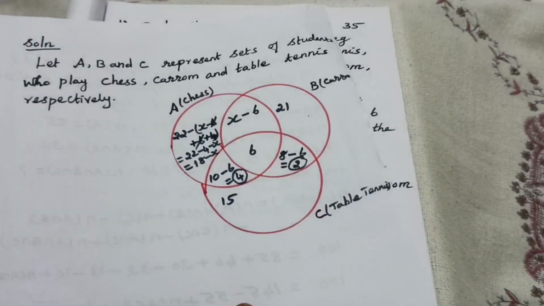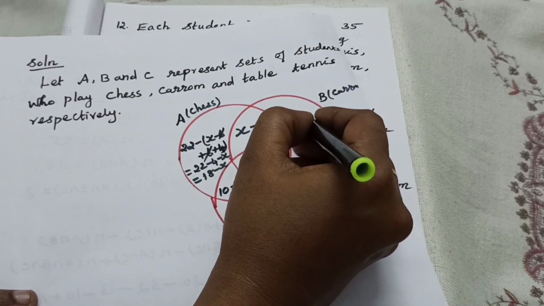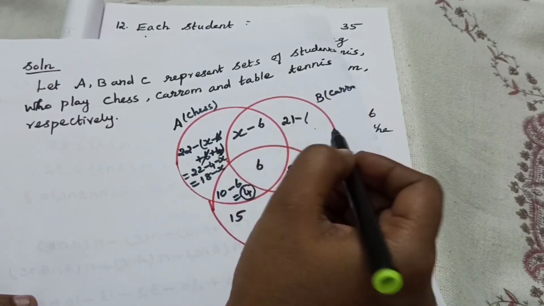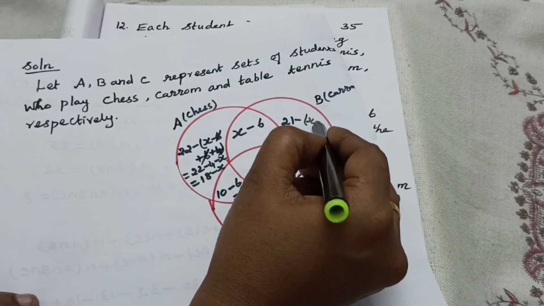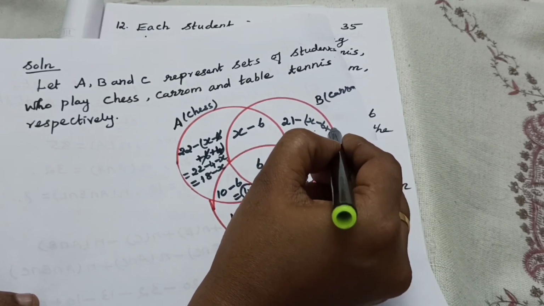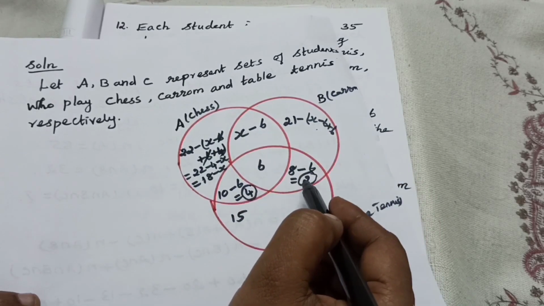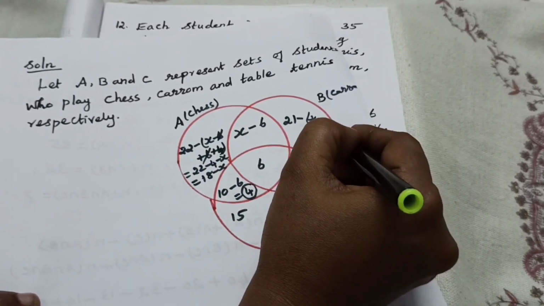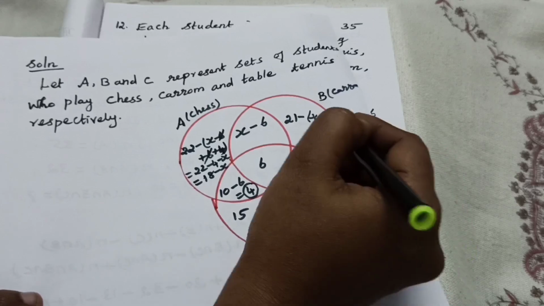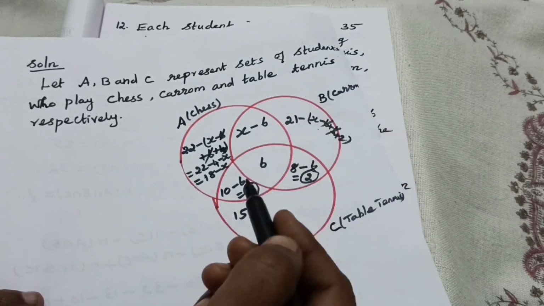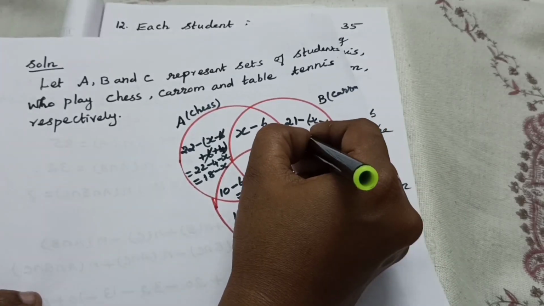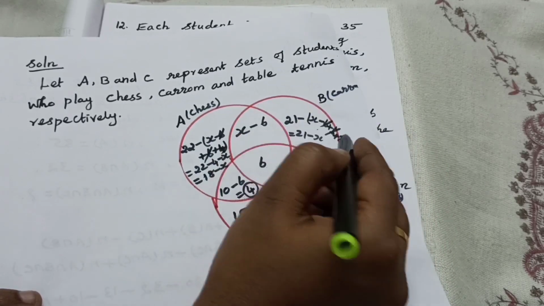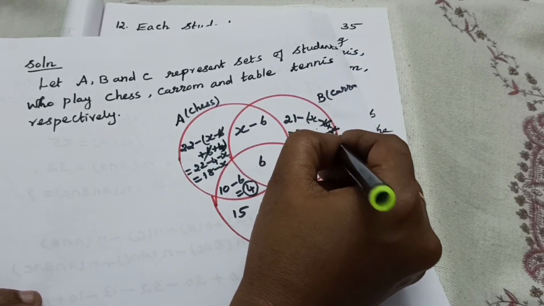Like that, this one also we have to find. 21 minus of X minus 6 plus 6, then here this 2. Plus 6 plus 2. This minus 6 and plus 6 we can cancel. What will come? 21 minus X. Multiplying the minus inside, minus 2 will come, isn't it?